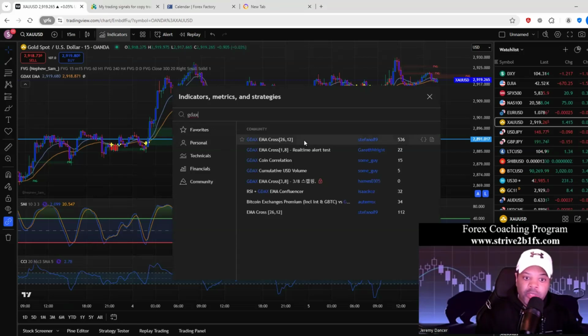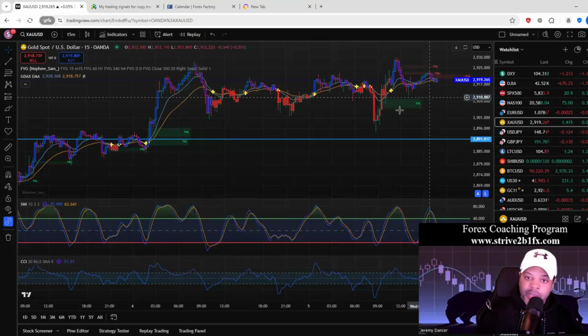And you can choose one of these. I am currently using the EMA cross from Stefano 89. So you can see he has two different versions of it. I believe they're both the same, but these are the ones that I'm using.